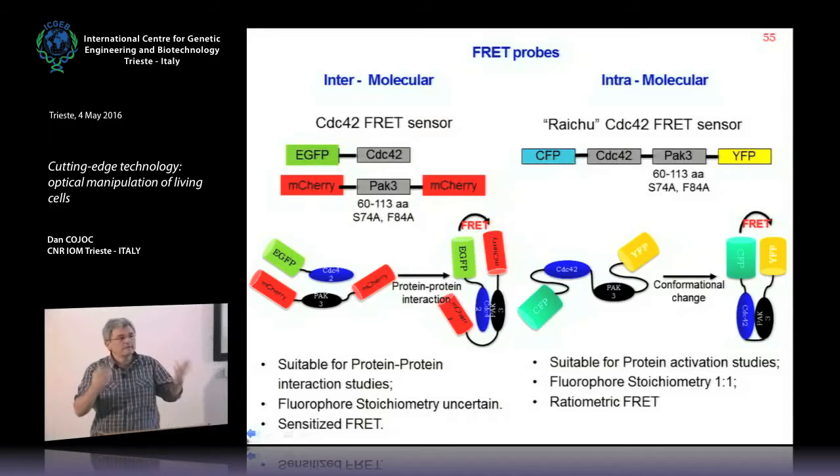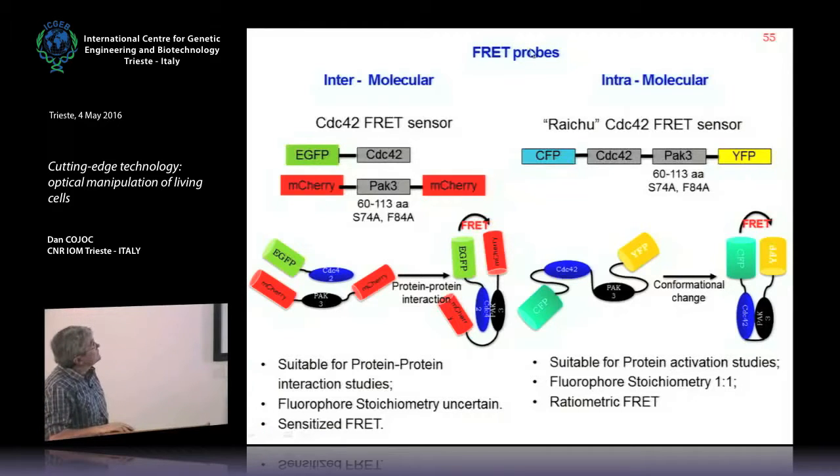Okay? So it is a very good indicator, for instance, if you have a protein and you want to study its conformational changes, and you have a probe like this, it indicates this to you. So we use two types of probes, one intermolecular and one intramolecular.